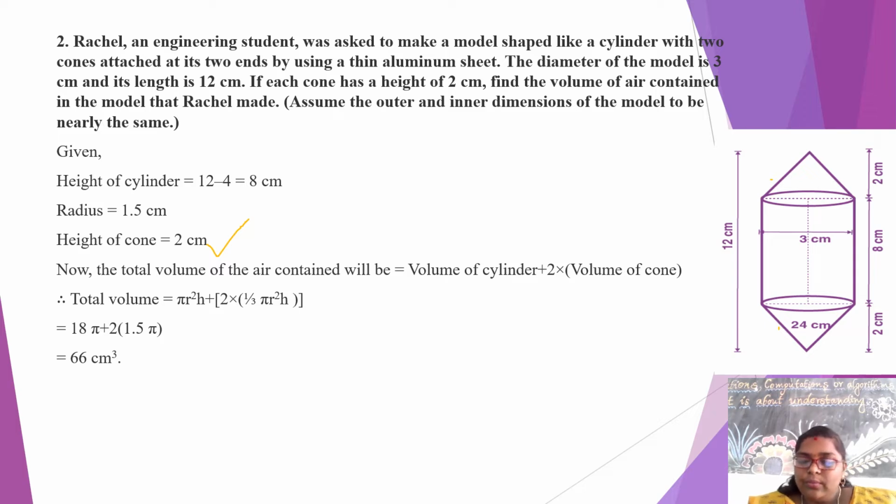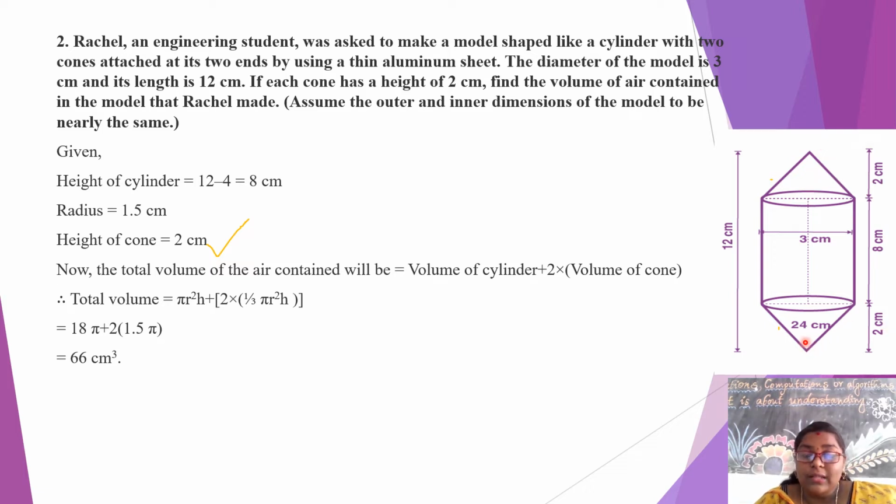So what do we have to do? We have to find the volume of the cylinder, then volume of the two cones. So the total volume of that model will be volume of the cylinder plus the volume of two cones, because in the upper part one cone is there and in the lower part another cone is there.